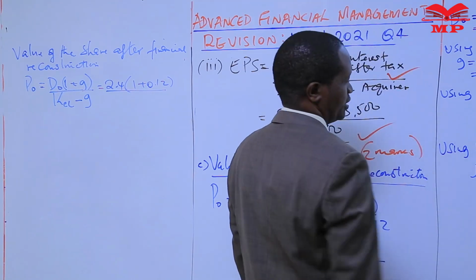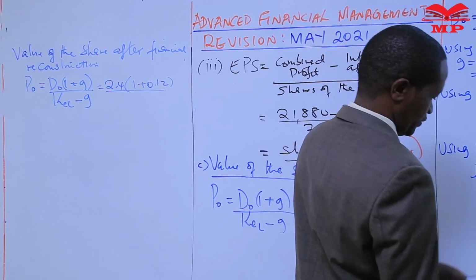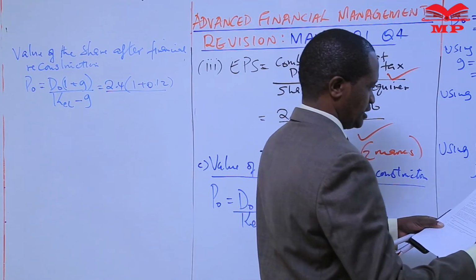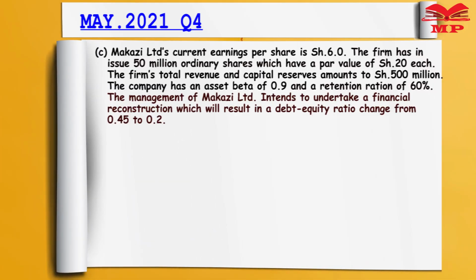It will change because of the beta. We read here in the third sentence that the management of Makazi Limited intends to undertake a financial reconstruction which will result in a debt equity ratio change from 0.45 to 0.2.